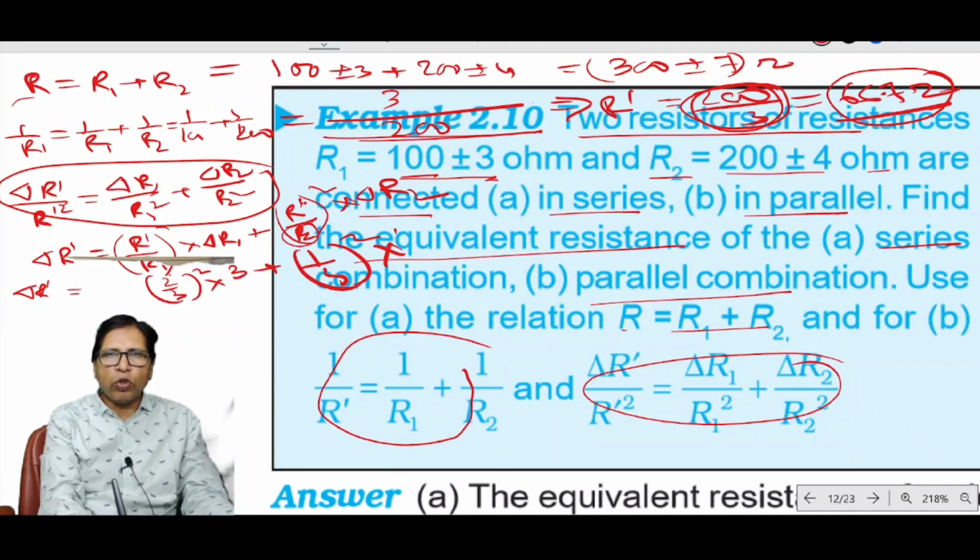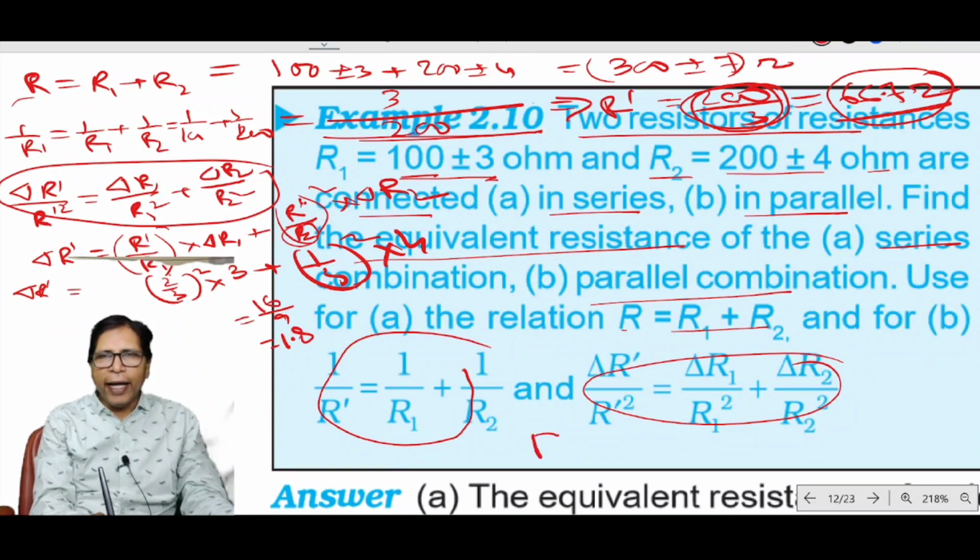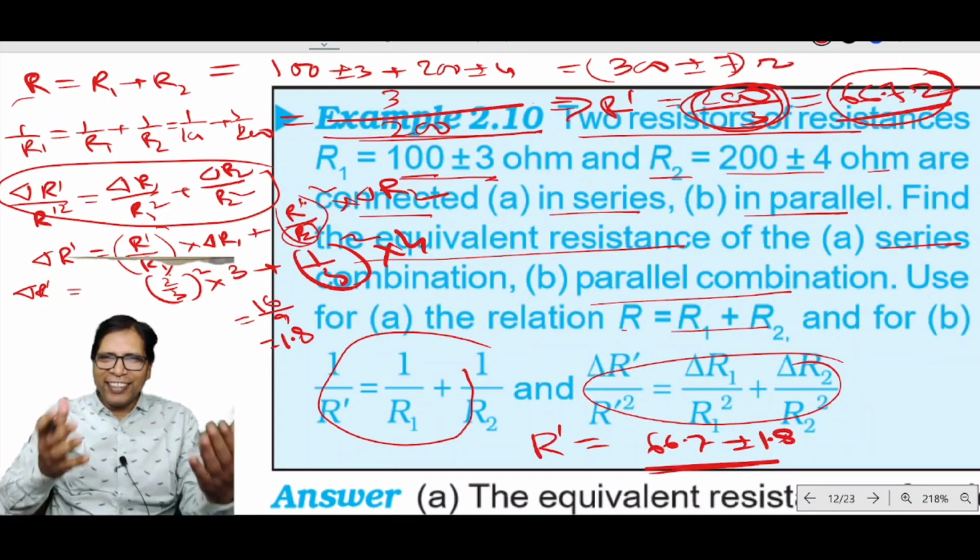So we get 4 by 9 into 3, which is 12 by 9, plus 4 by 9. So this is 16 by 9, which is 1.8. So R dash equals 66.7 plus or minus 1.8. Okay, understood.